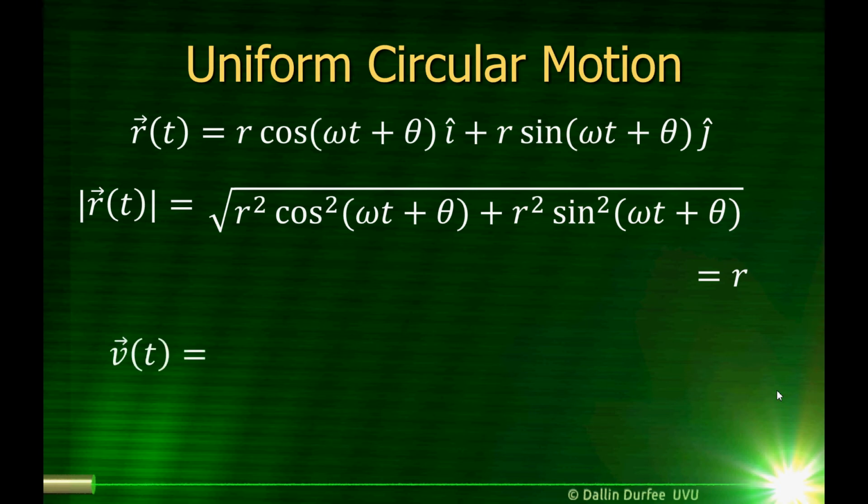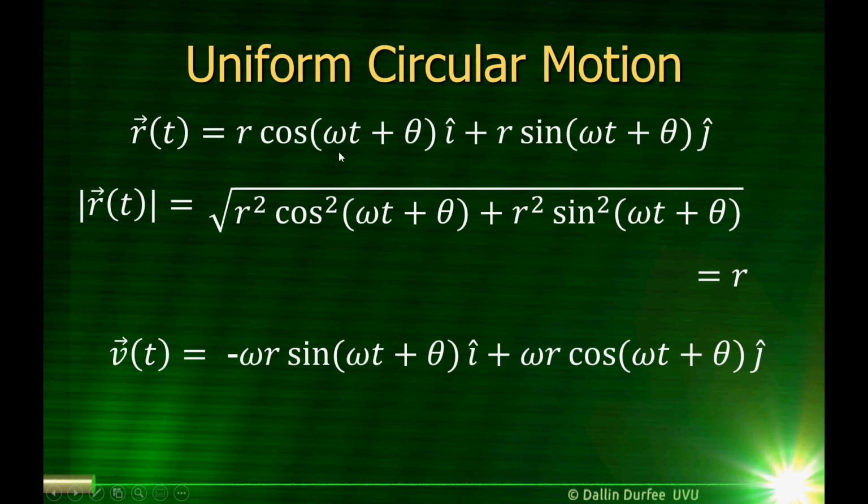So now to find the velocity at any given time, we just take the derivative of the position. With the x component, r is a constant. We take the derivative of cosine, we get negative sine. Using the chain rule, we get an extra factor of omega out front. When we do the y component, sine goes to positive cosine, and once again we get an omega out front.